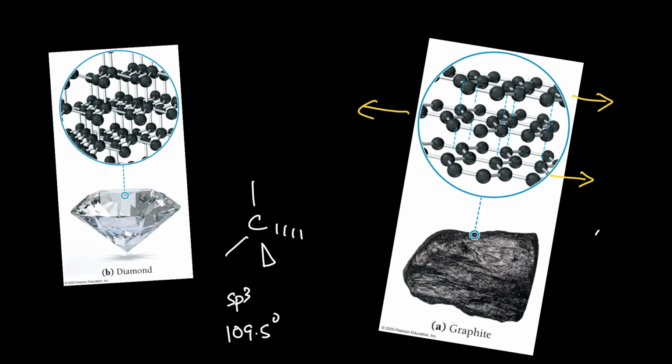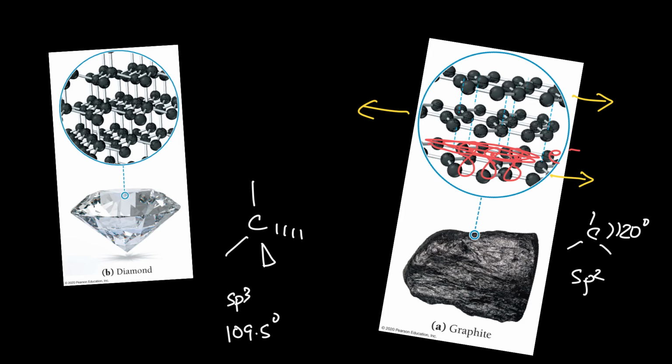Whereas graphite has that sp2, trigonal planar, 120 degree arrangement. And you might say, well, what about that extra electron? Well, that extra electron is in an unhybridized p orbital. So you've got these sheets with unhybridized p orbitals with a single electron, and this electron is highly delocalized over the whole sheet.